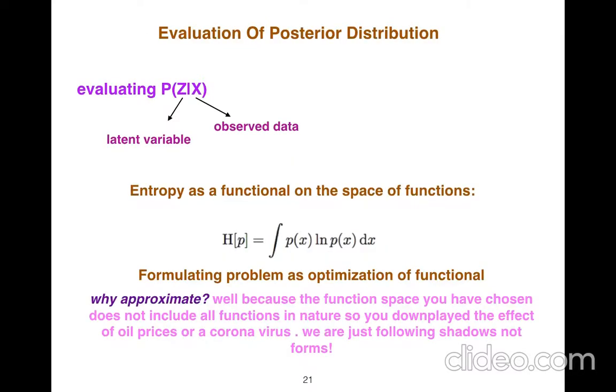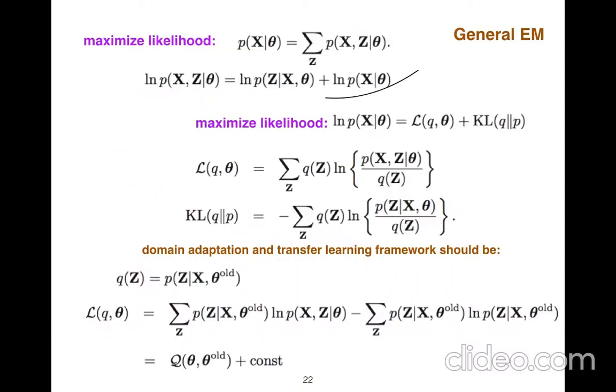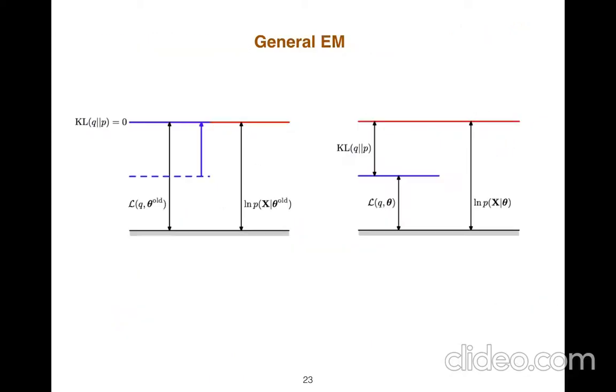So we want to formulate this as an optimization of a functional. The good thing is you can write p of x, this likelihood, as a sum of two terms, L and KL divergence, called Kullback-Leibler divergence.